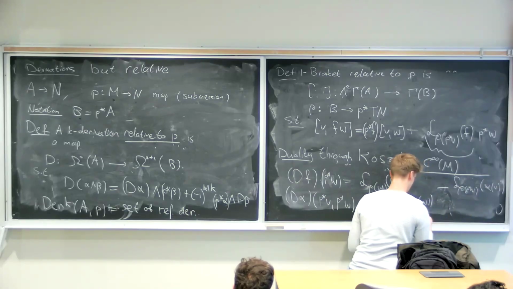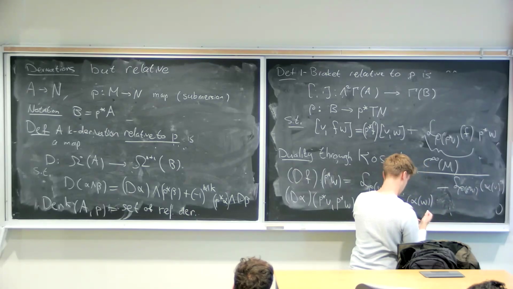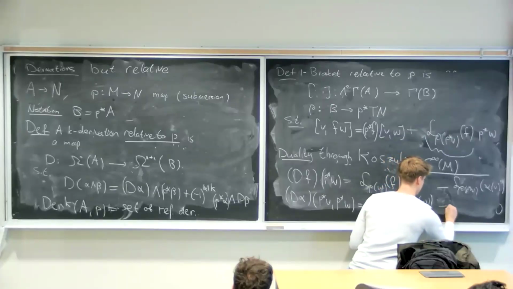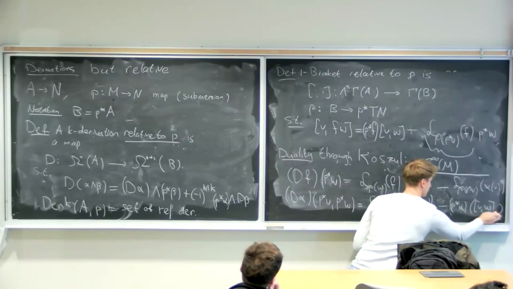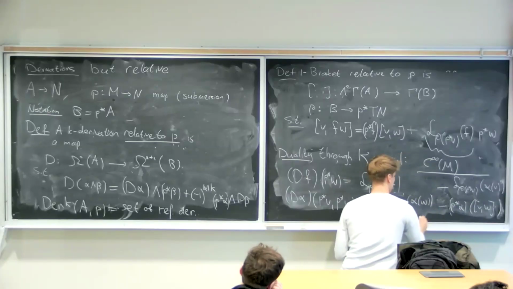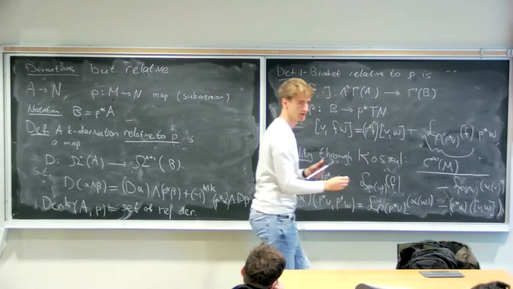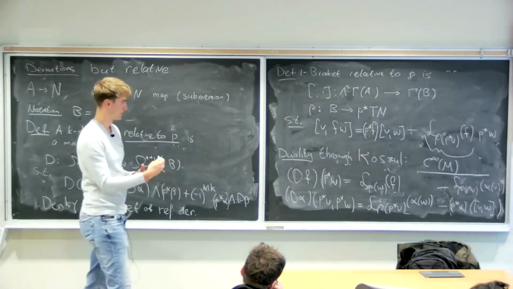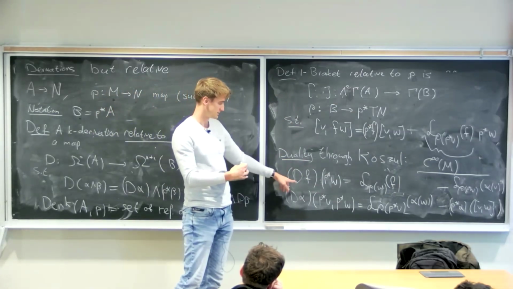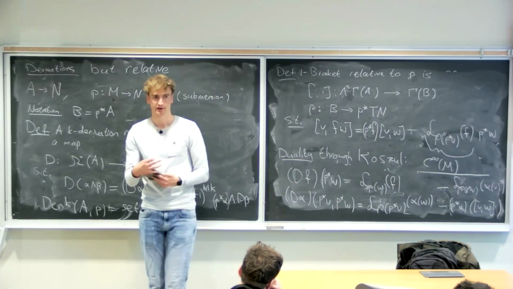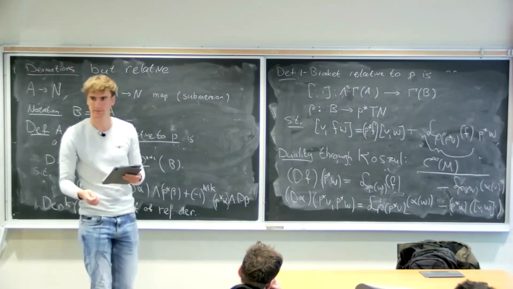And then the last term involves the bracket: minus P star alpha v w. We add it together. So now a relative bracket determines a relative one derivation, and vice versa.